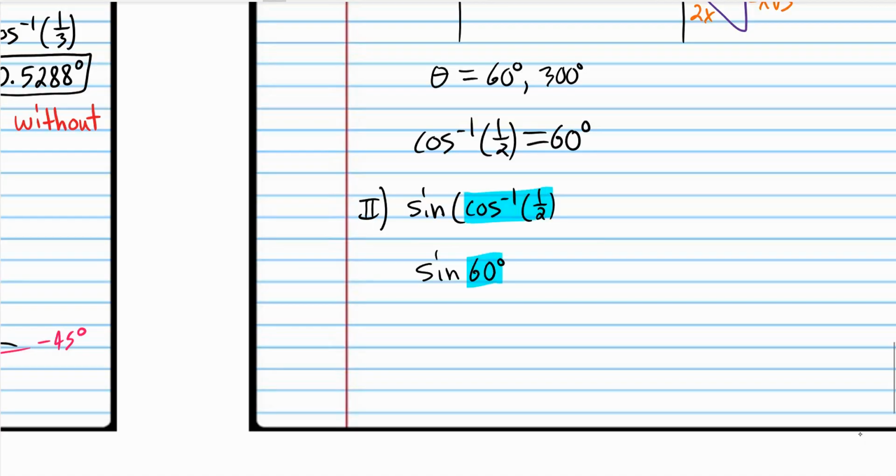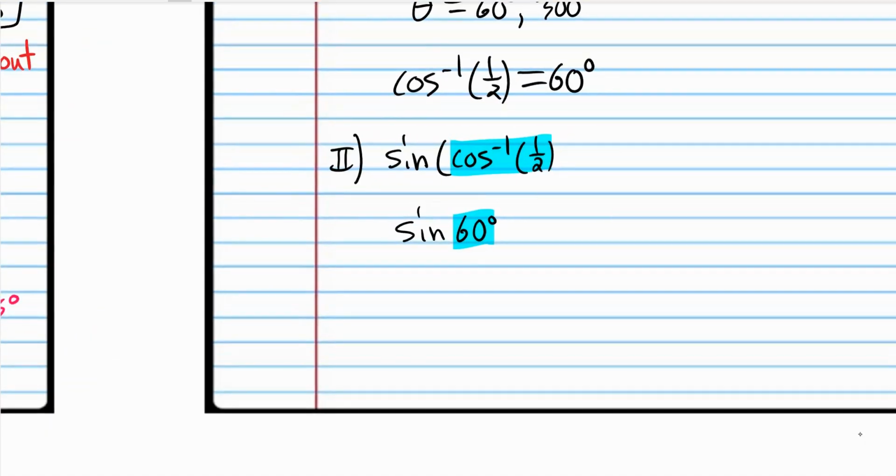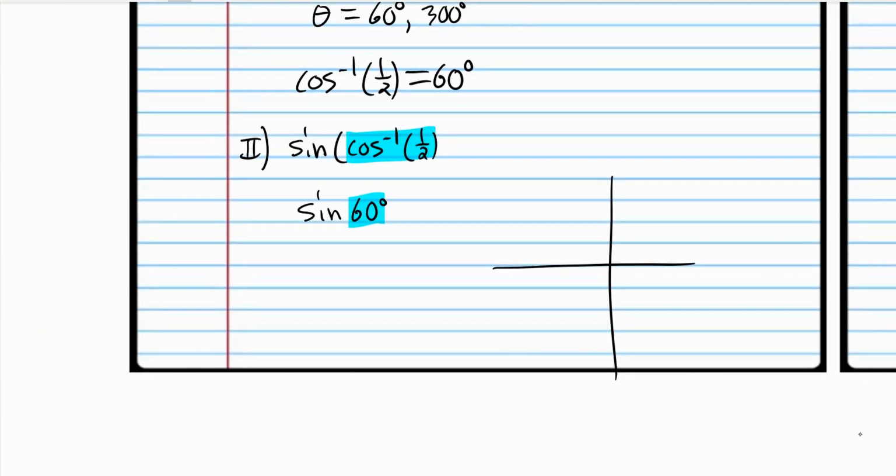Now we just have to find sine 60 degrees. Well, that angle is in the first quadrant. And obviously it's a 30, 60, 90 degree triangle. Sine 60 is the opposite side divided by the hypotenuse. So that would be root 3 over 2. And there you go.